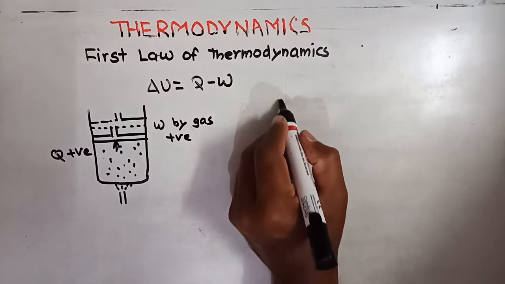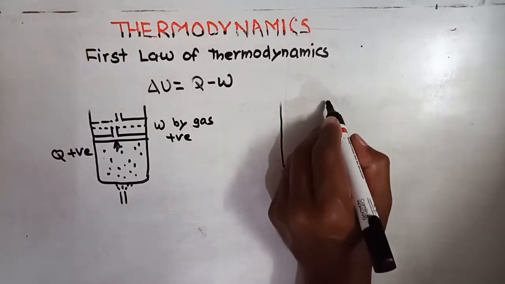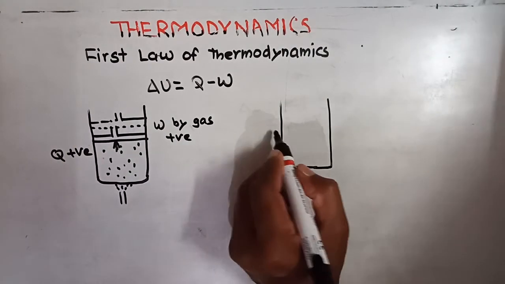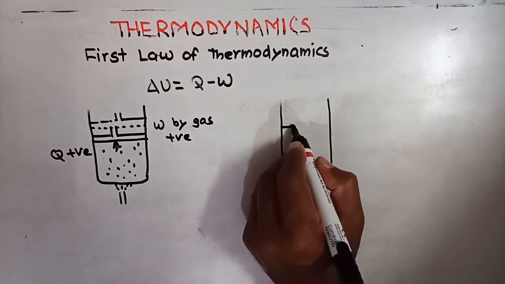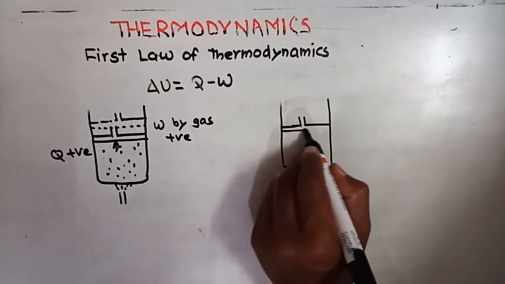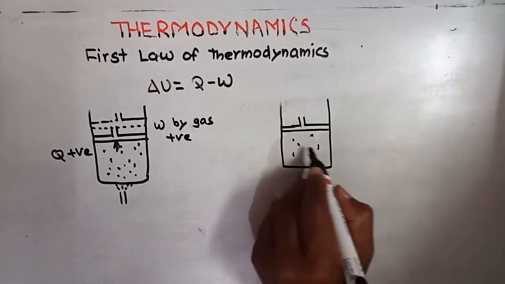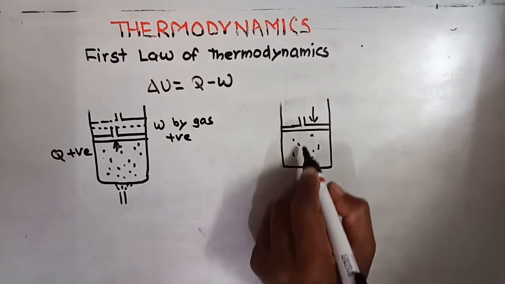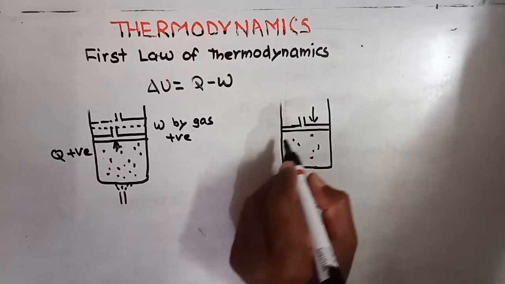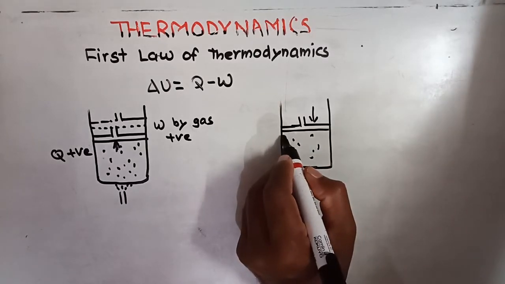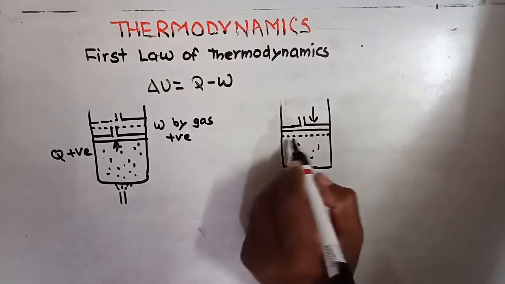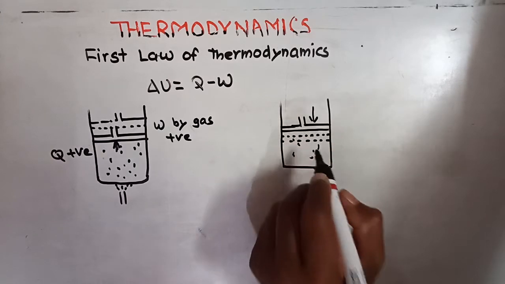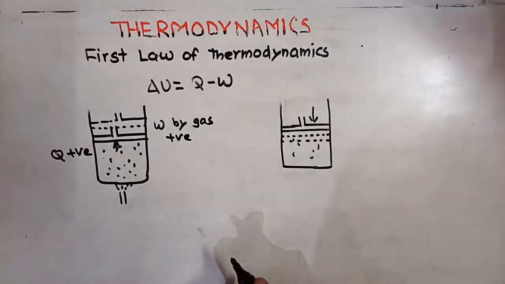Suppose we have this cylinder, and this cylinder is filled with gas. It has a piston. Now with the help of an external agency, this piston is pushed so that the gas is compressed. This piston is now moved in the downward direction.